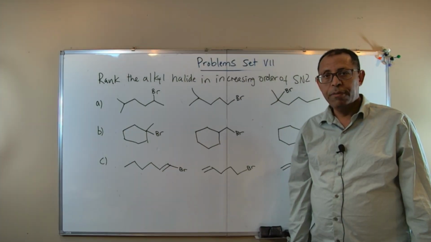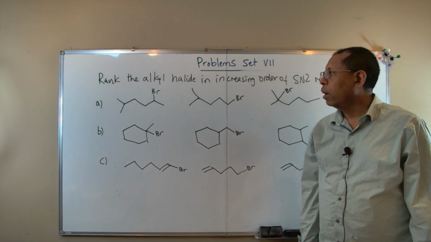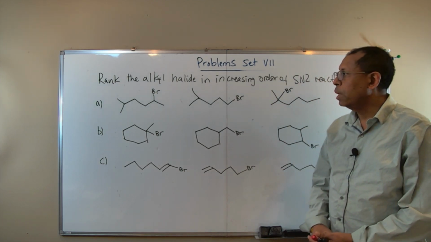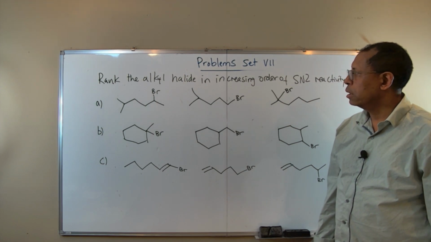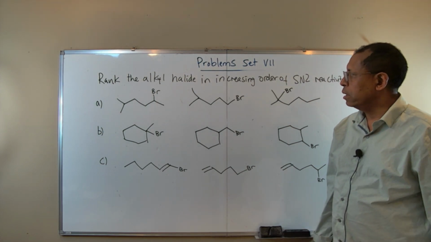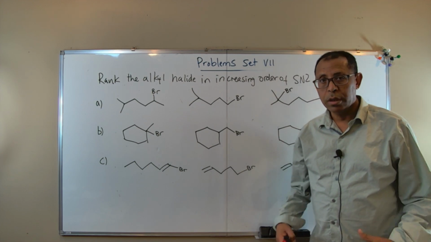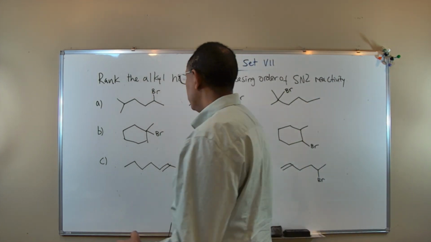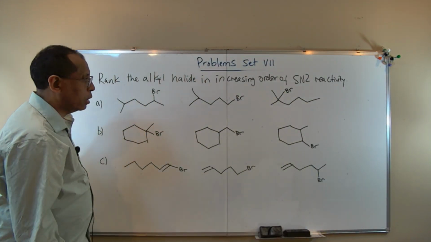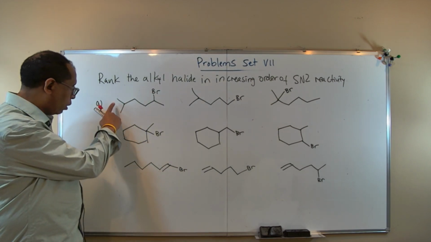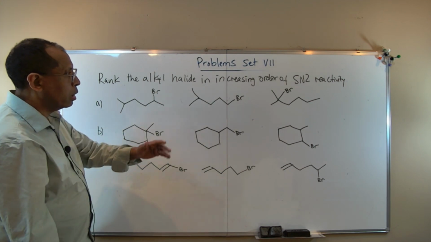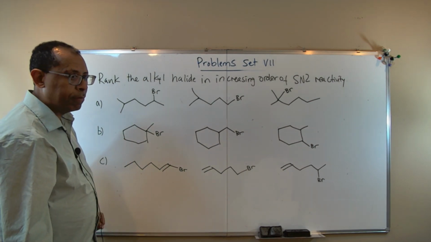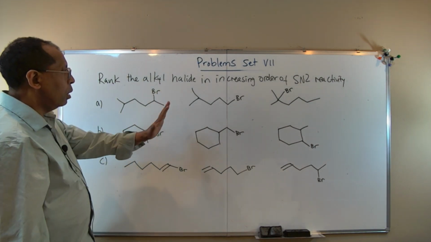Okay, let's solve some more problems on SN2 reaction. In this question, you are supposed to rank the order of increasing SN2 reactivity, the rate of the reaction, with different alkyl halides. We have group 1, group 2, group 3, with 3 alkyl halides in each group.